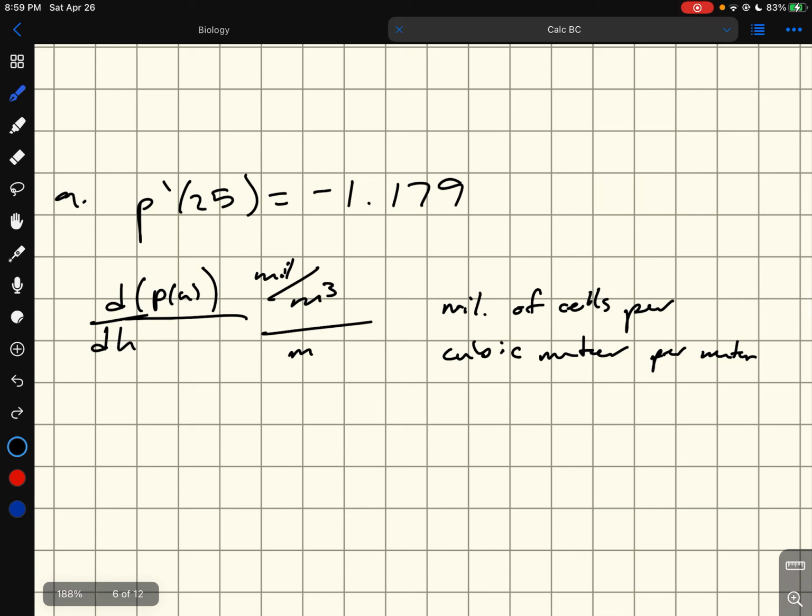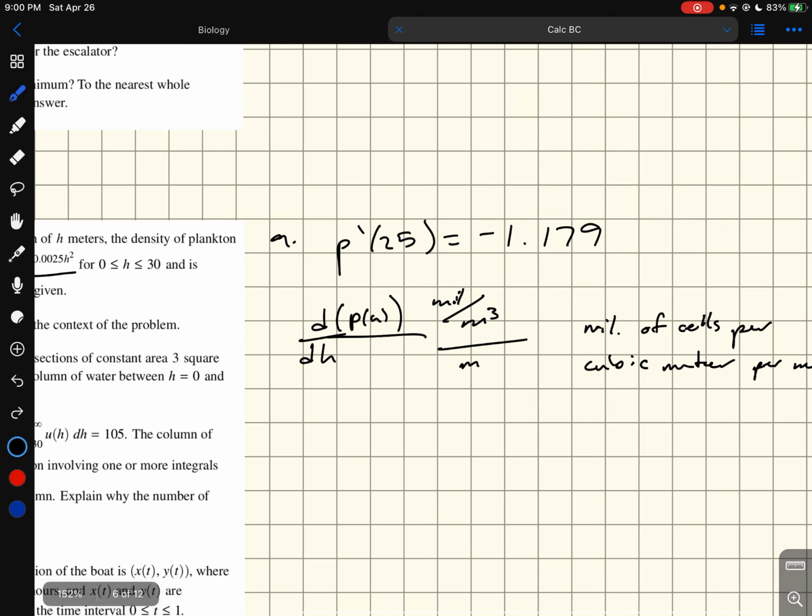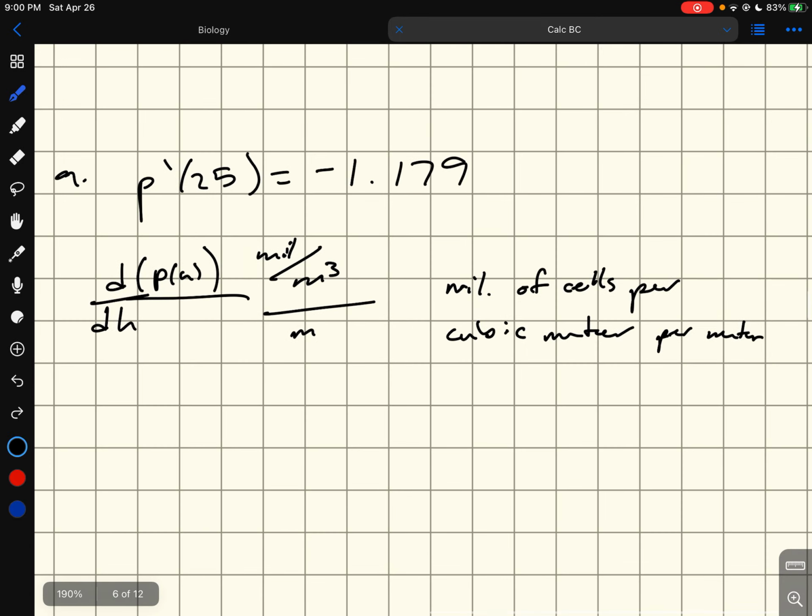So millions of cells per cubic meter per meter. Now I know Mr. Palmer combined these and would probably just write per meter to the fourth, but that's kind of weird. It's not wrong if you write that, but a lot of times the College Board just leaves it as per something. So it's fine if you write per cubic meter per meter. And it sounds better anyways, since we're writing it out in words.